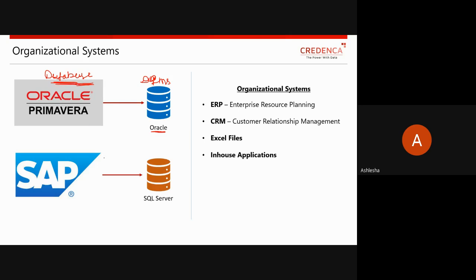In a similar way, there is SAP, which is a database actually. And in order to retrieve or manipulate the tables in SAP, most probably SQL Server is used. Okay, so this is your DBMS.